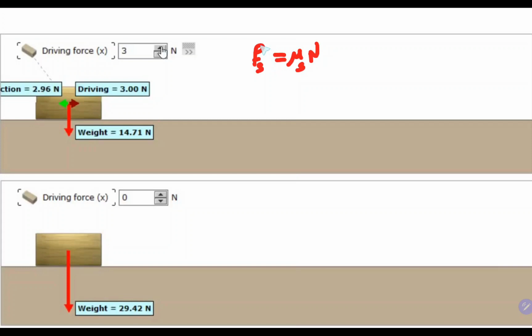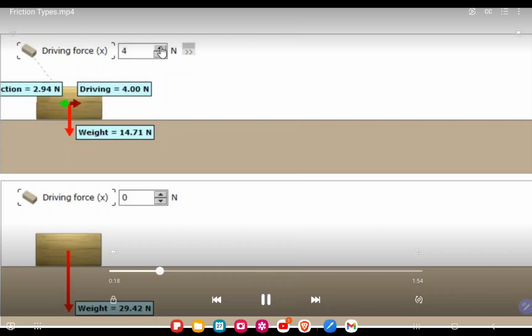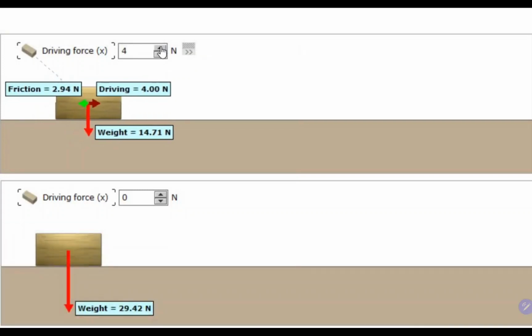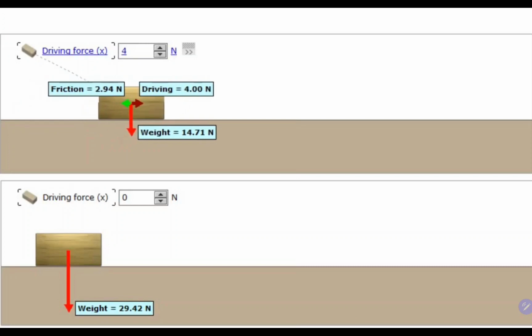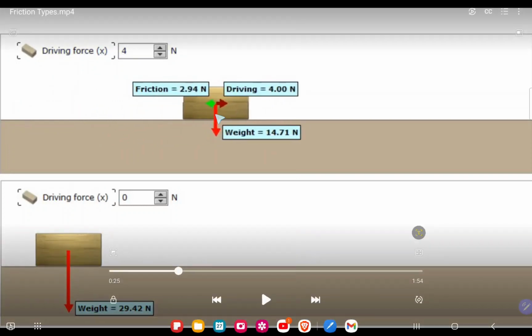After that, this static friction is converted into kinetic friction, and the object starts moving. Let's see here. The object here starts to move. So the static friction converted into kinetic friction, as in this case here.